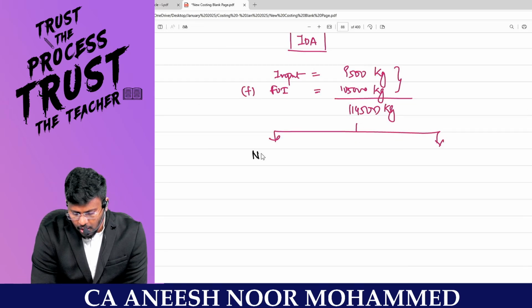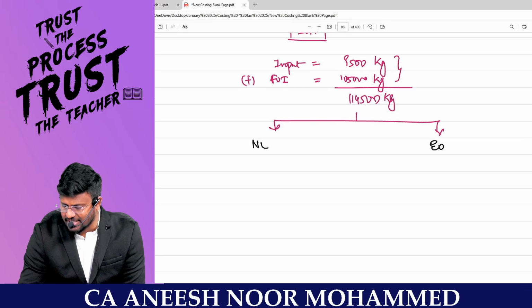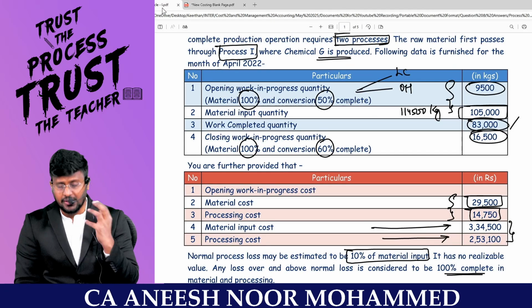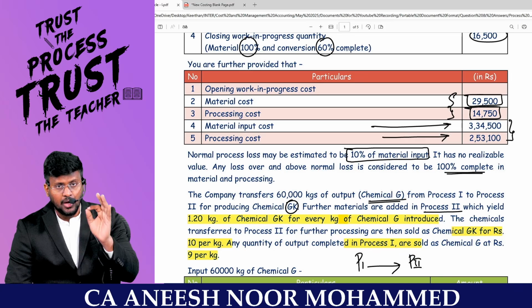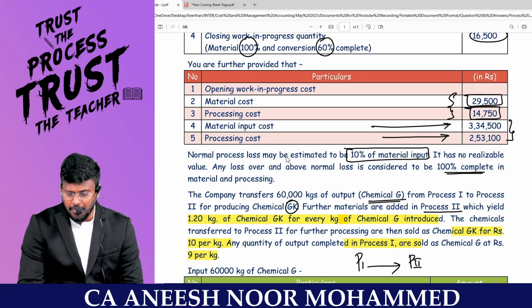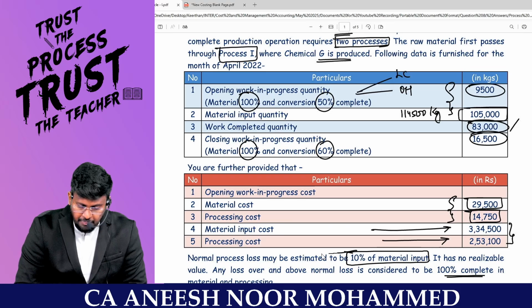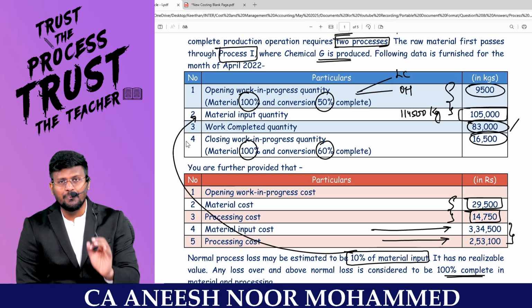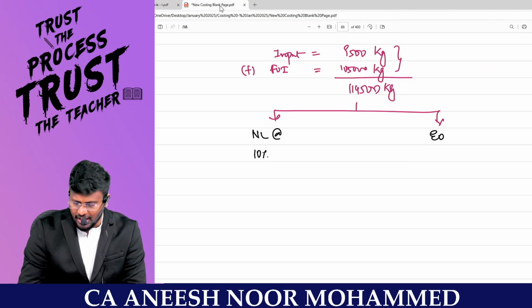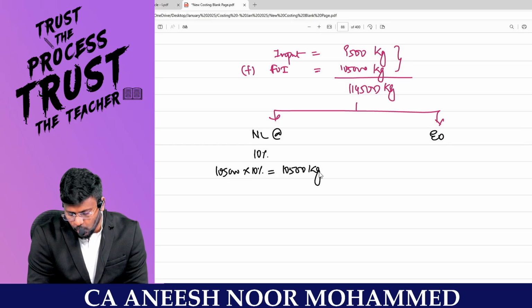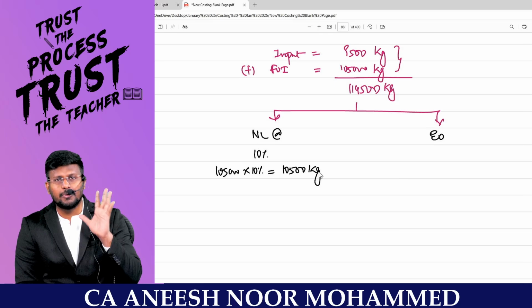Number one, normal loss and expected output. Normal loss at the rate of 10%. In this question, normal process loss may be estimated to be 10% of the material input. So material input is only 1,05,000 kg. So 1,05,000 into 10% comes to 10,500 kg, my dear lovable students.